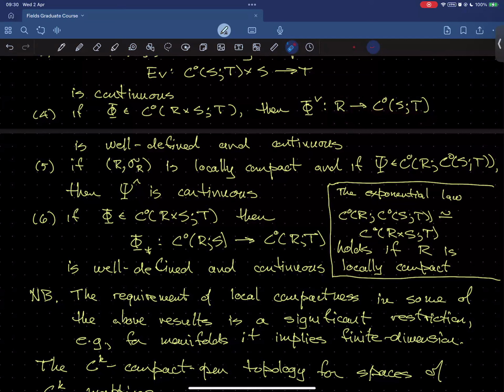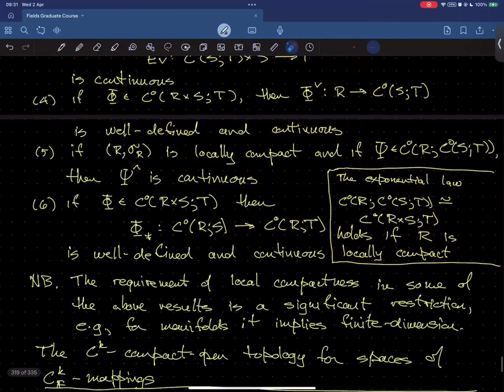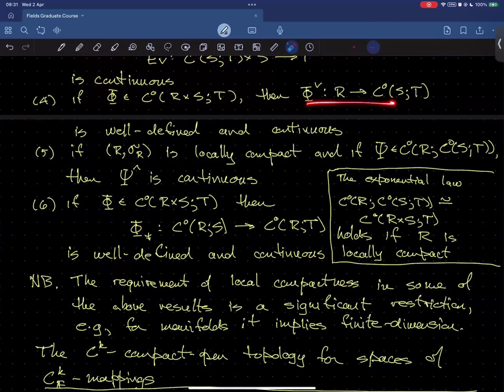In other words, if phi is continuous from R cross S, then this thing will actually take values in the space of continuous mappings from S to T. It may not, but it does, and it does fairly easily. But not only is this thing well defined, it's also continuous, if R has its normal topology and this one has the compact open topology. I'll never talk about spaces of continuous mappings except with the compact open topology.